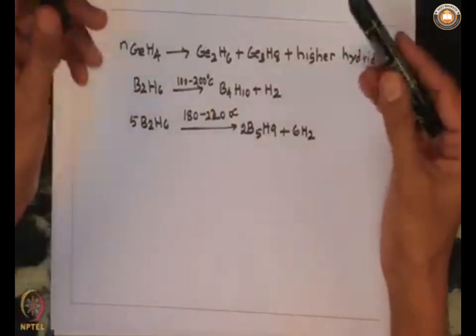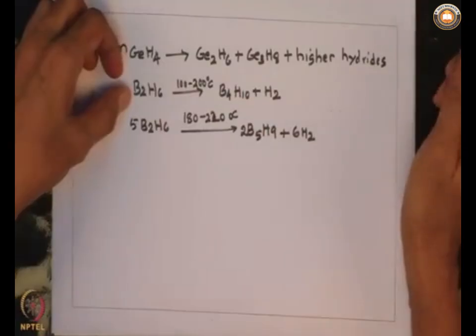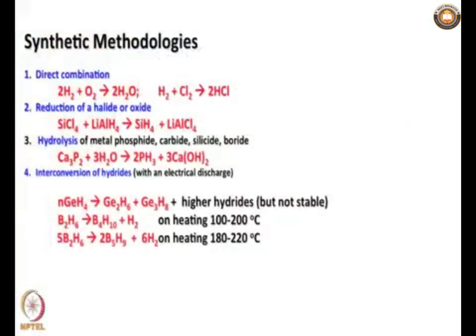So that means by altering the temperature, one can generate a host of boron hydrides starting from B2H6. Those methods and those boron hydrides I will be discussing while discussing the chemistry of group 13 elements.